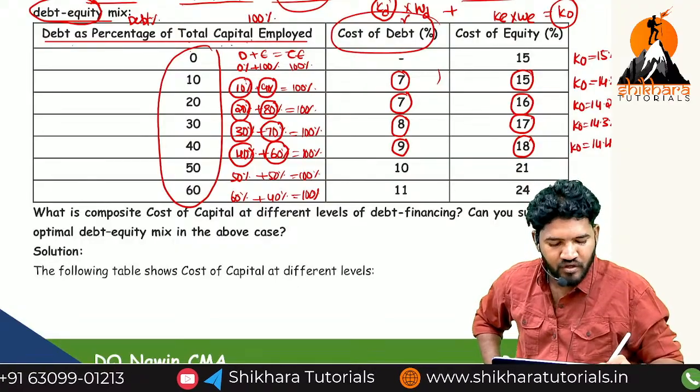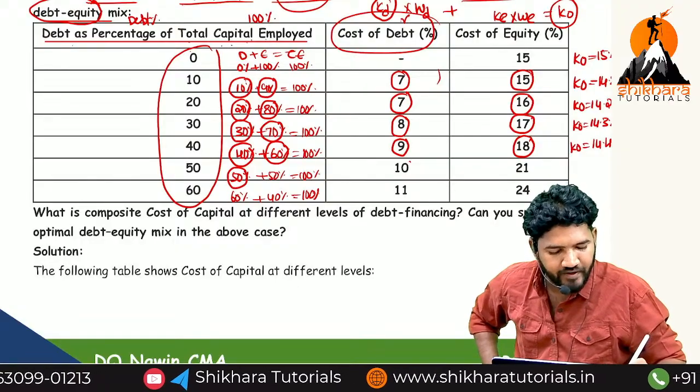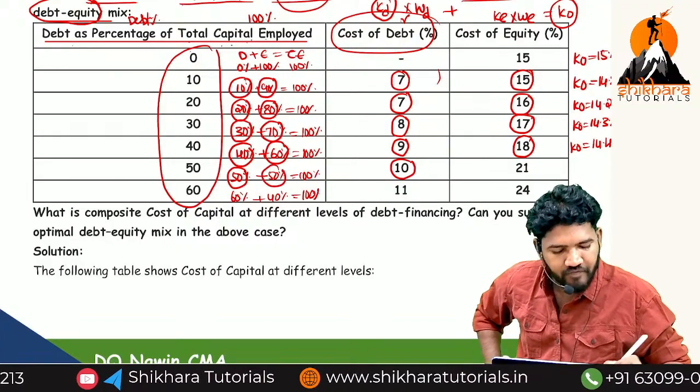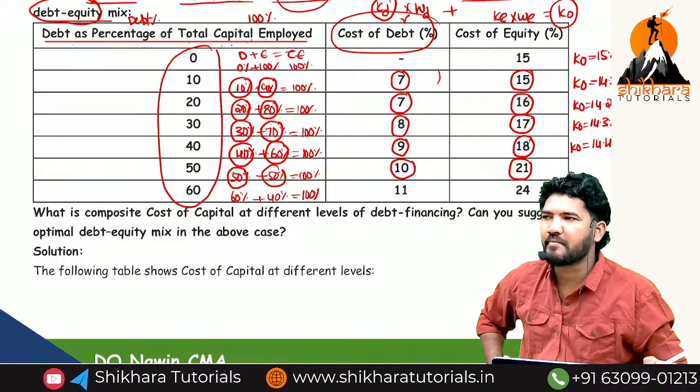Again refresh. 0.5 into 0.1 M plus 0.5 into 0.21 M plus MRC.